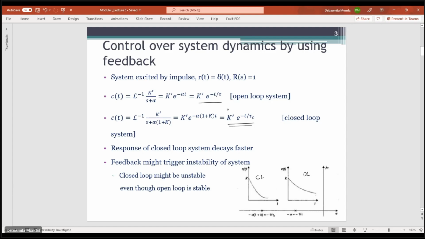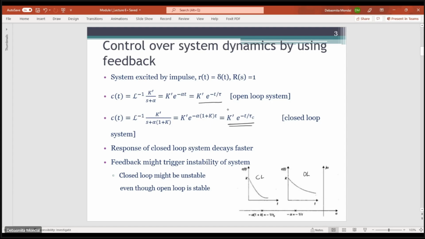Now, if you take a ratio of the closed loop bandwidth to the open loop bandwidth, just to see how the bandwidth changes when we move from an open loop system to a closed loop system, that is given by 1 plus K. That means the closed loop system has a much higher bandwidth compared to the open loop system.